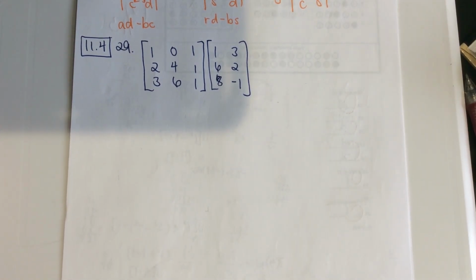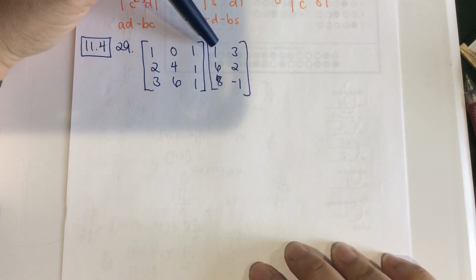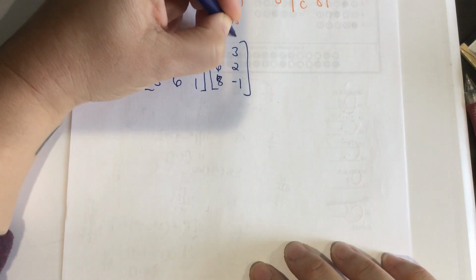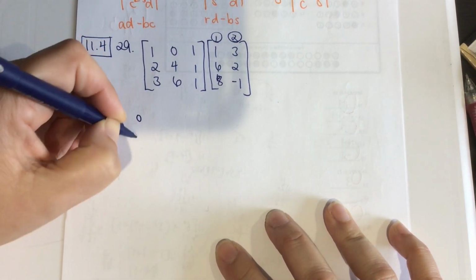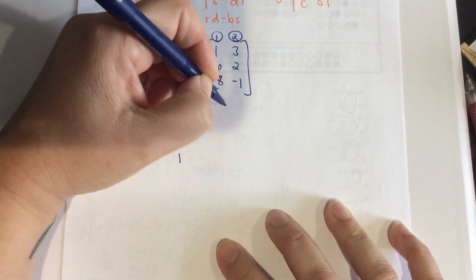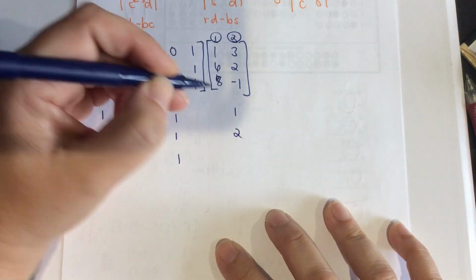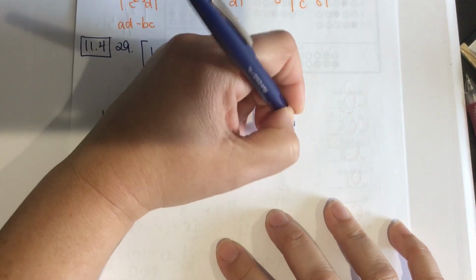Remember that when we're multiplying matrices, we write the first matrix however many times there are columns in the second matrix. So there's 1, 2 columns. I'm going to write this matrix twice, and I'm going to give myself lots of space. So there's the first one. Nice generous space in between.